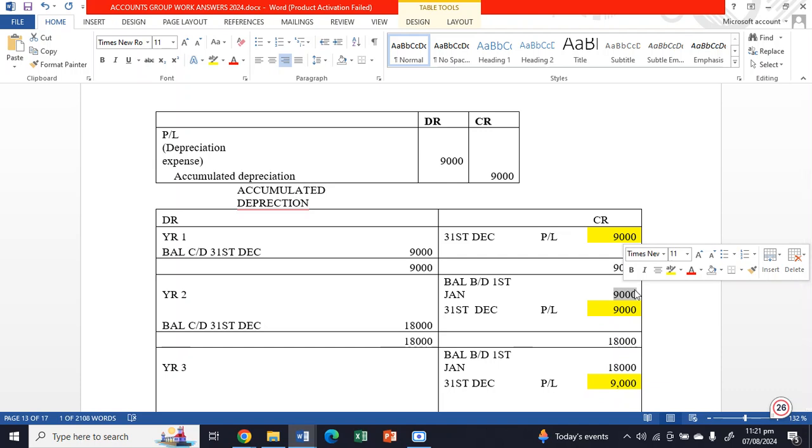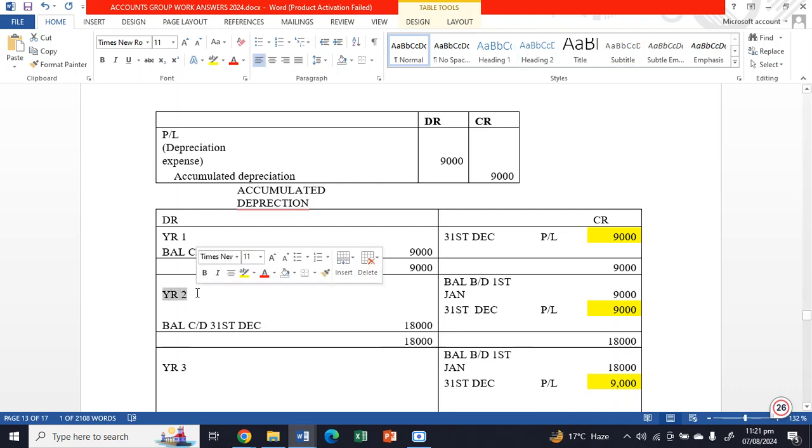Year two comes by, and with the straight line method, the depreciation expense is the same throughout. Okay, it does not change. It is constant. So every year you'll be incurring this depreciation expense of 9,000. So in year two, on the 31st of December, you record again the depreciation expense, 9,000 here.